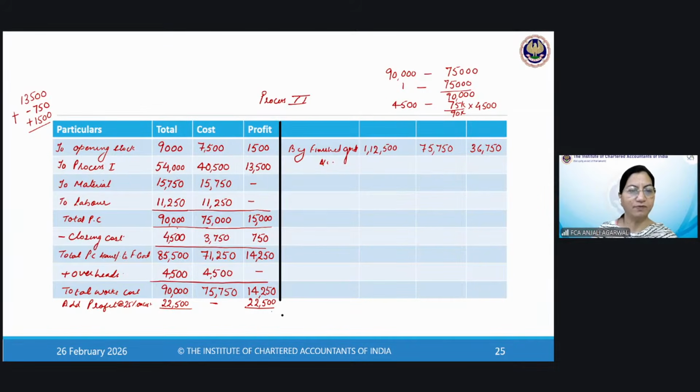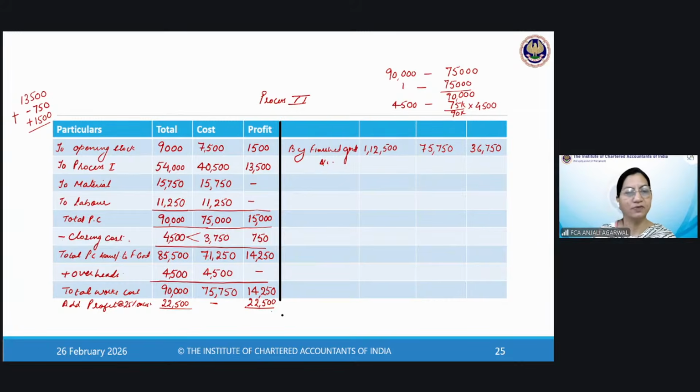So we have bifurcated the closing stock into elements of cost and profit. But because closing stock is subtracted, from 90,000, 85,500 worth of goods will only pass to the next process. And out of 75,000, 71,250 cost will pass to the next process, which already has a profit of process one, 14,250. That is what the calculation is.